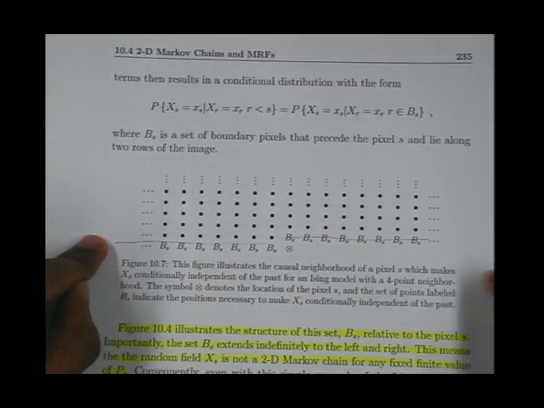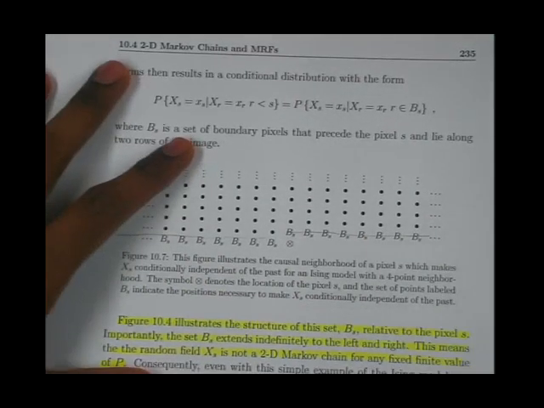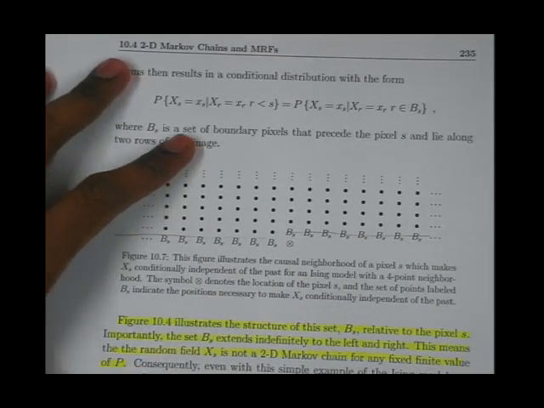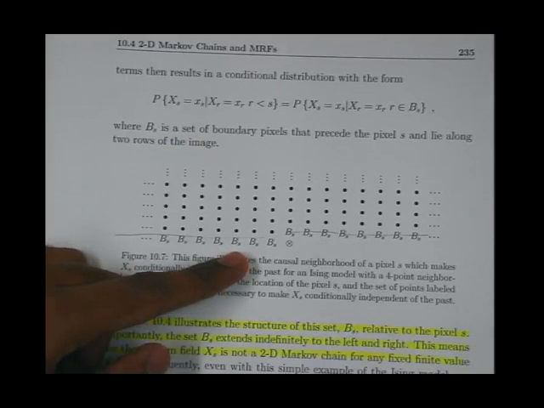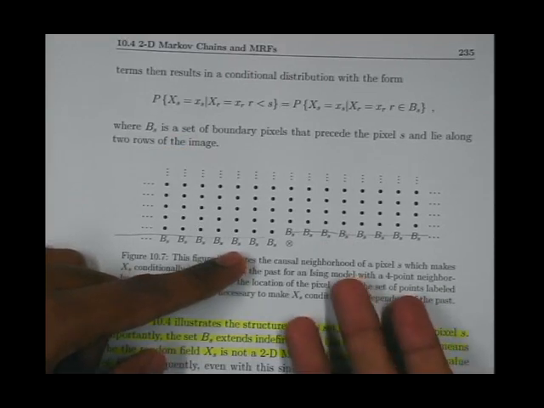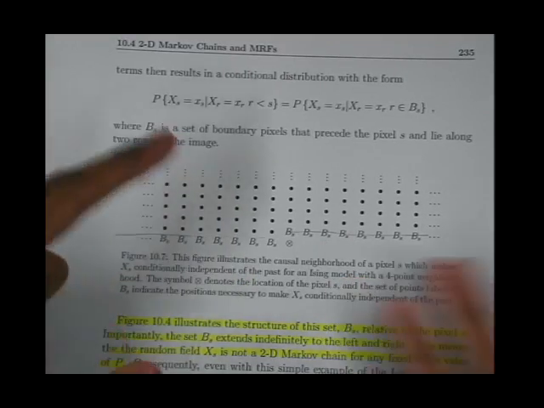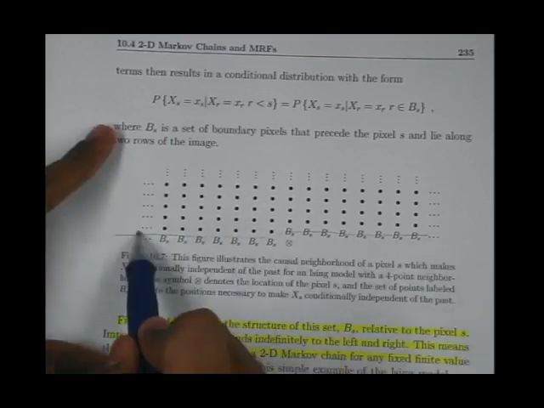So this kind of makes the point that we have provided an example of a 2D MRF which is not a 2D Markov chain of order P. Okay, because we saw the Ising model was P is equal to 1. It certainly is not leading to a Markov chain of order P or anything. In fact, it's dependent on all the boundary pixels.